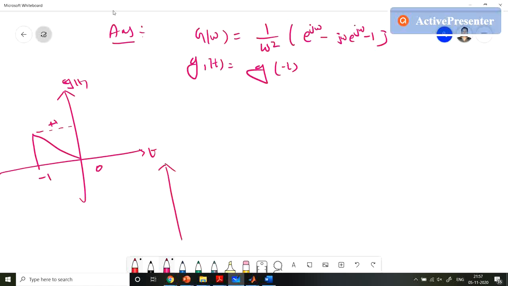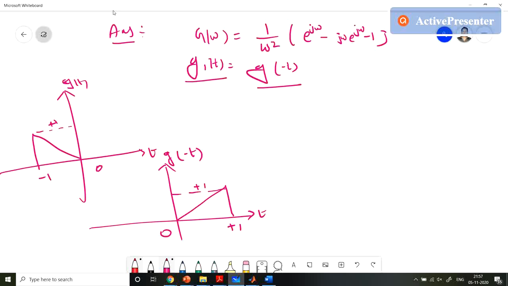So g of minus t is just the mirror image of this. So the mirror image is just like this. So this is g of minus t, and this g1(t) is equal to g of minus t.